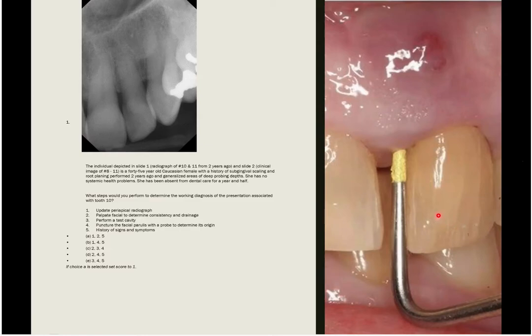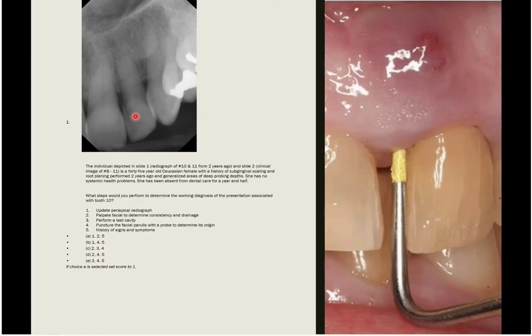Okay, so this is illustrating obviously a deep probing depth. And I'm going to just illustrate with the laser pointer the parulis above tooth number 11. And then here you can see the radiograph, but this radiograph was from 2 years prior to this clinical presentation.